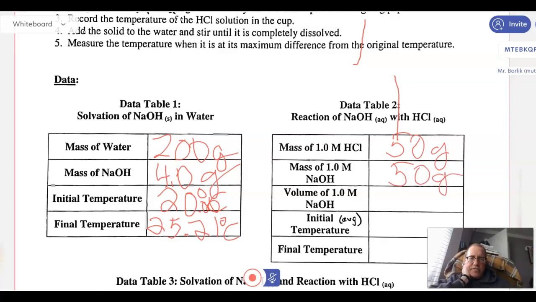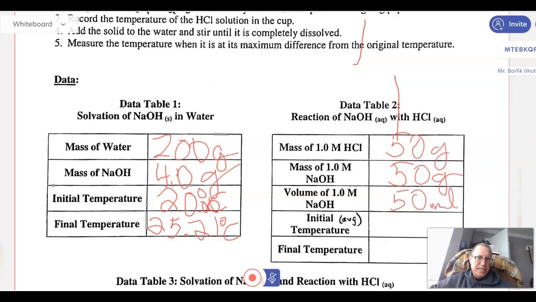Now the volume that we had of 1 molar sodium hydroxide. All right, so we'll take a look. What was that volume? 50 mils. Duh.